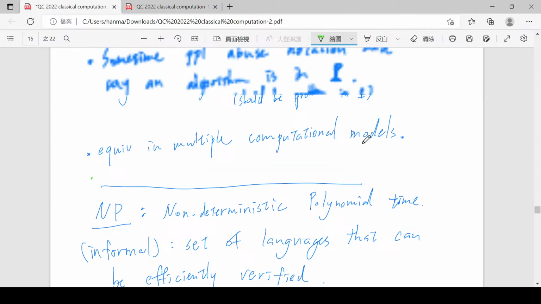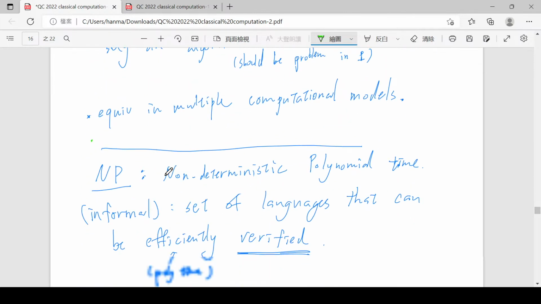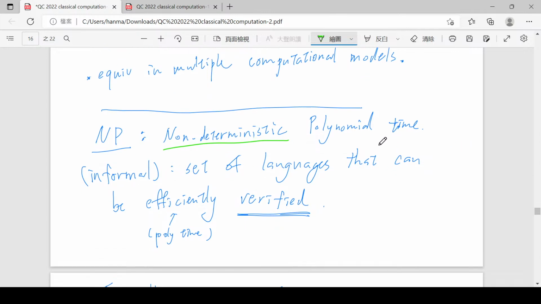And a very famous complexity class that you have probably all heard of is NP. The N stands for non-deterministic, so this is non-deterministic polynomial time. The important thing to remember is that this N doesn't stand for not, but for non-deterministic, and we will not go into the detail of why it's called non-deterministic. Anyway, this is NP.